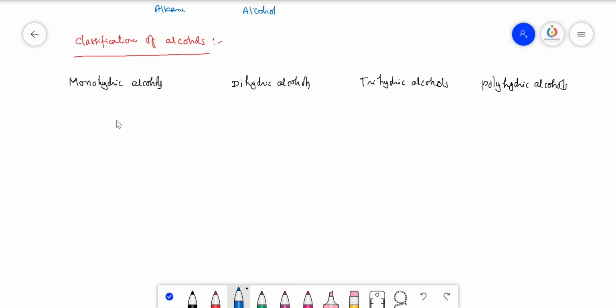So in this, let us take the monohydric alcohols. These alcohols are having only one OH group, and dihydric alcohols will have two OH groups in that particular molecule. Trihydric alcohols are having three OH groups.